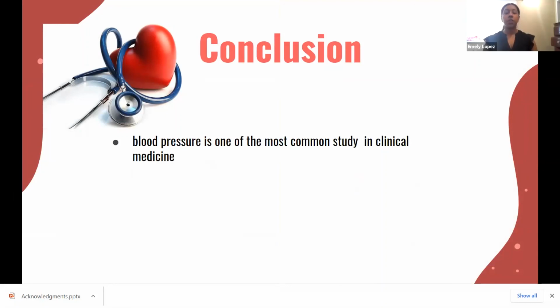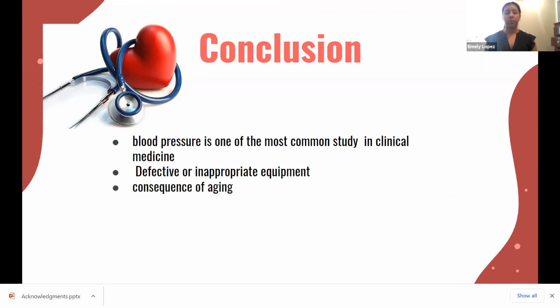Conclusion. Blood pressure is one of the most commonly studied in clinical medicine. Defective or inappropriate equipment, consequence of aging, children, the obese, the elderly, and pregnant women.